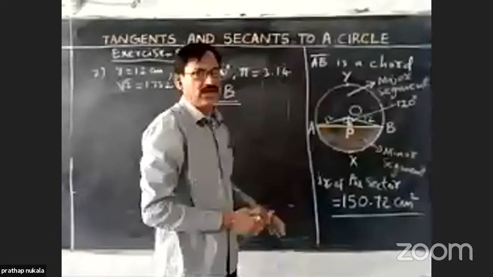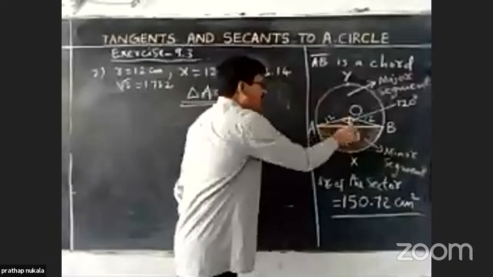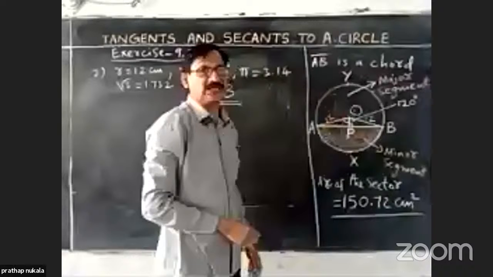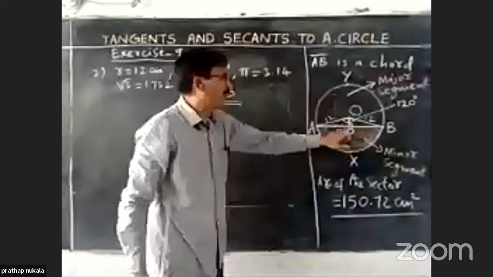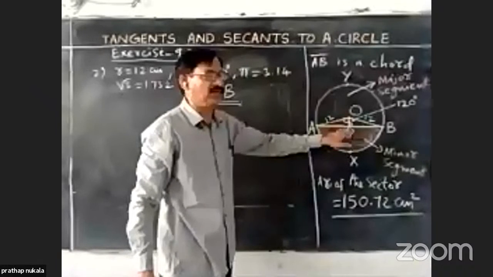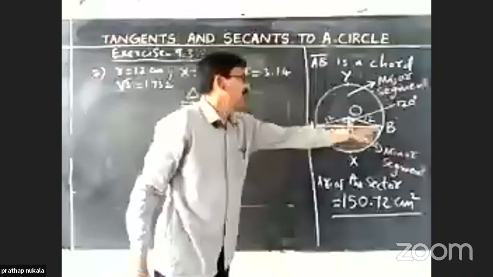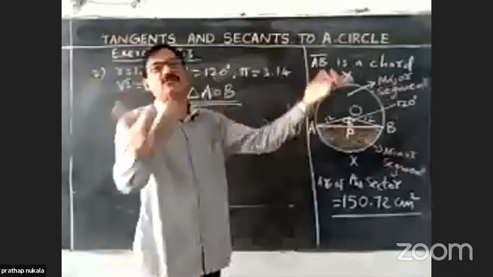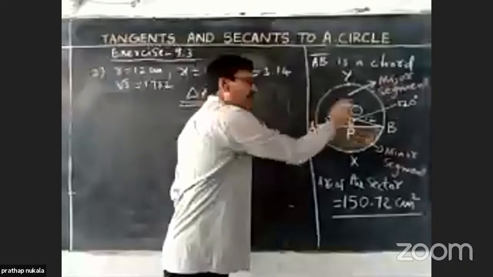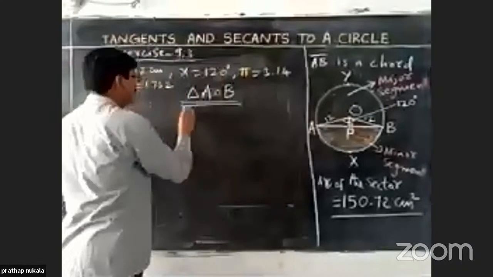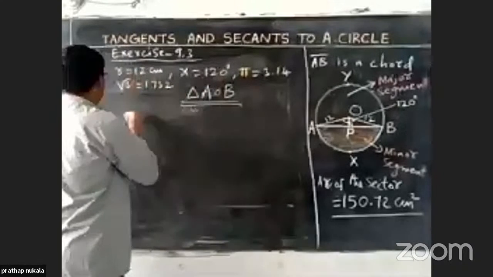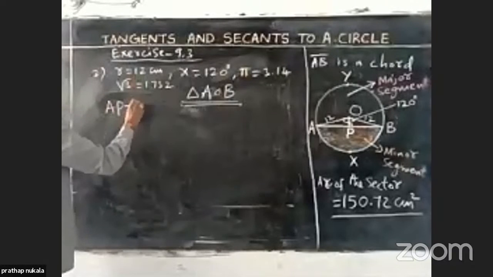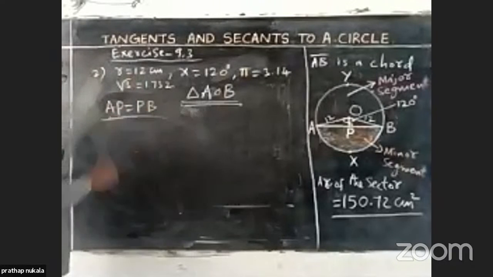Already we proved that the perpendicular OP from the centre divides AB into two equal parts. That means AP equal to PB.